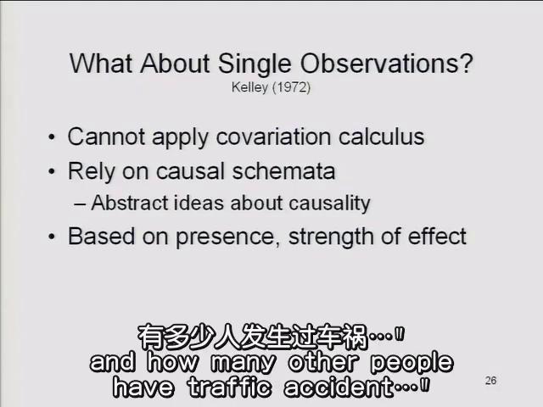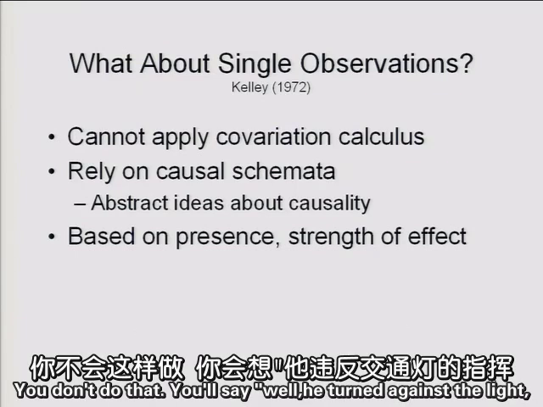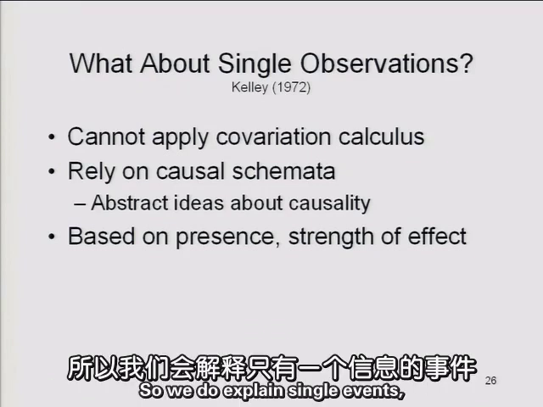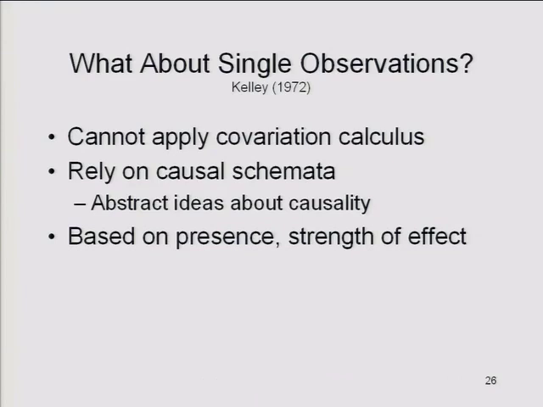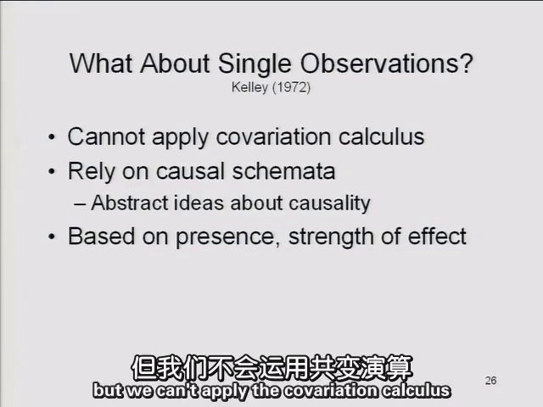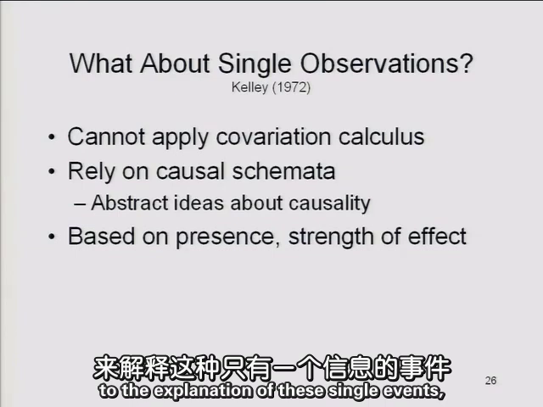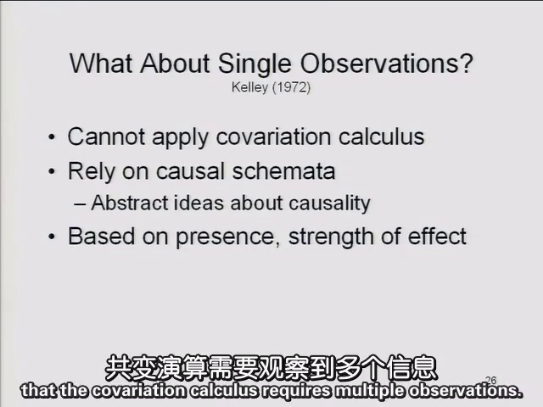You don't do that. You say, well, he turned against the light, or he was driving too fast, or whatever. So we do explain single events. But we can't apply the covariation calculus to these single events for the simple reason that the covariation calculus requires multiple observations.